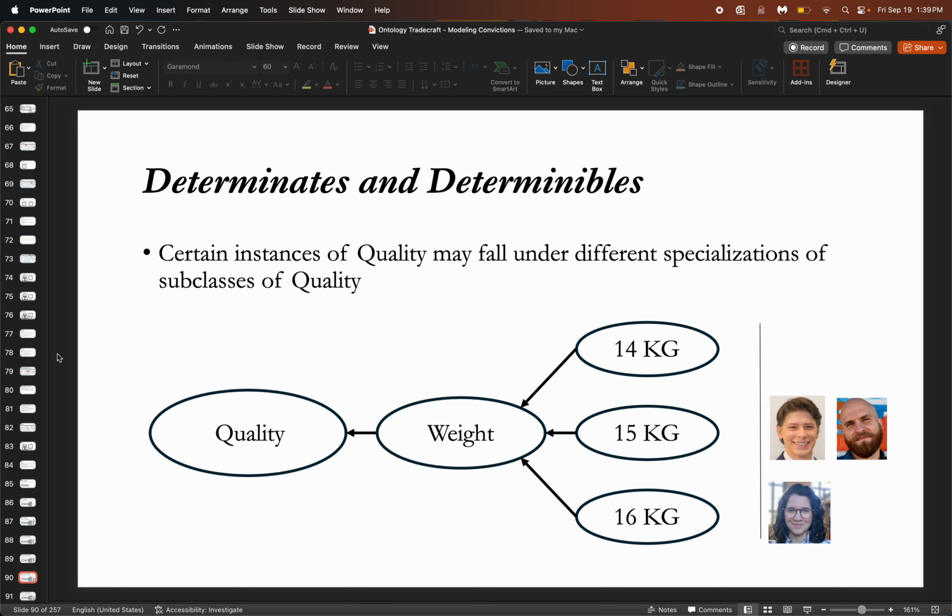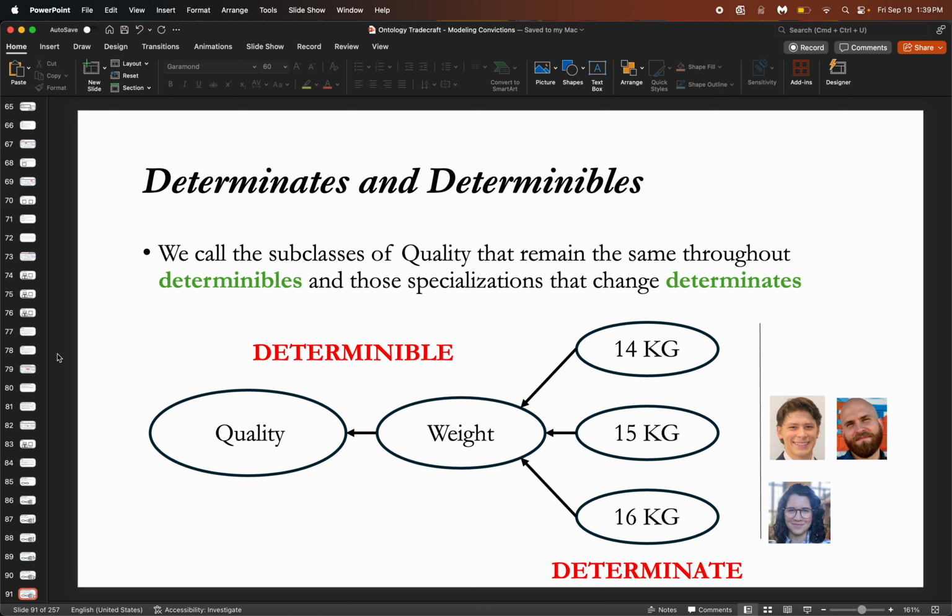If you say that John has a certain weight, 15 kilograms at one point, or 16 kilograms at another, this instance itself may move to 15 kilograms, just like Regina's 14 kilogram instance might migrate over to a 16 kilogram instance. It can't migrate away from her. That's still going to be her instance of weight, just like my instance of weight. They can't be shared by other people, but nevertheless, those instances can fall under different types.